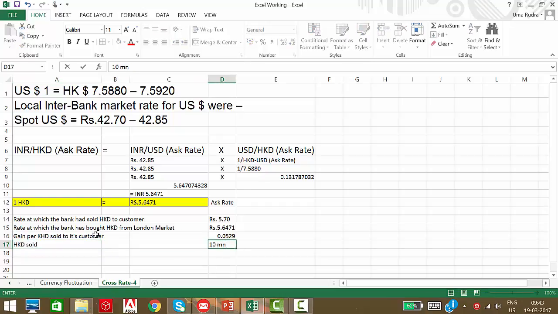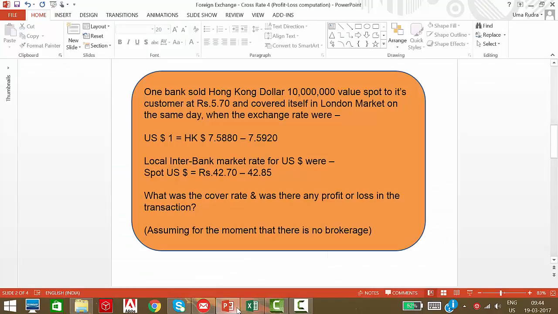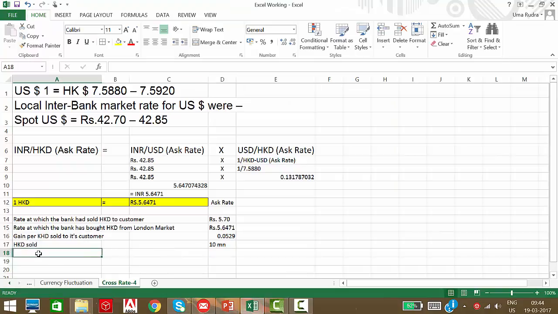Now how many Hong Kong dollars were sold? 10 million. Let me check. Yes, Hong Kong dollar sold is 10 million, and the gain per Hong Kong dollar is 0.0529 rupees. This is INR.